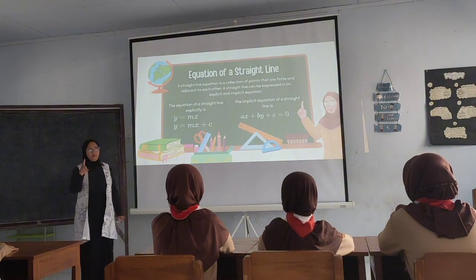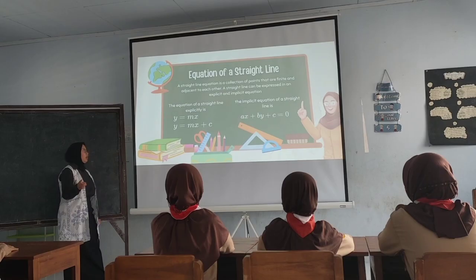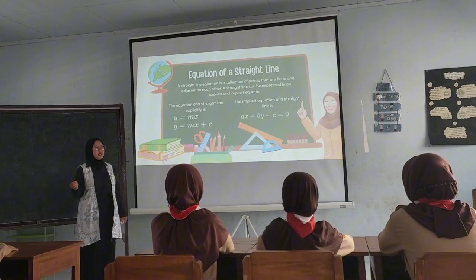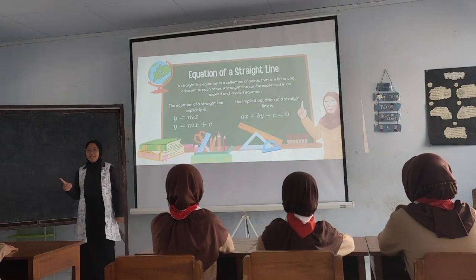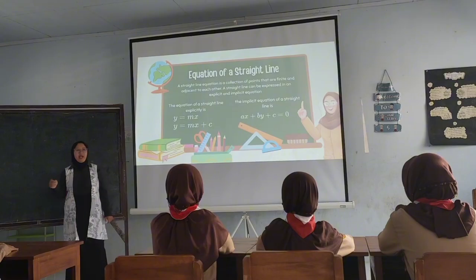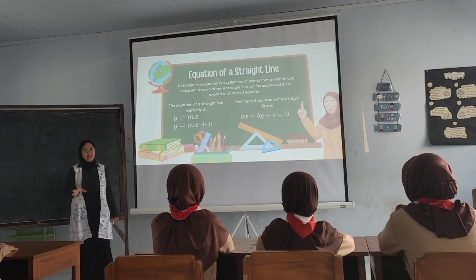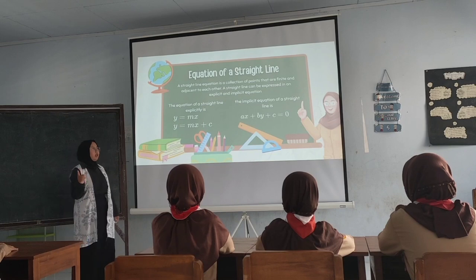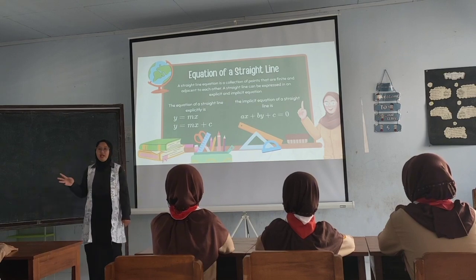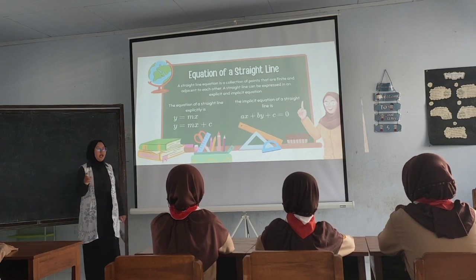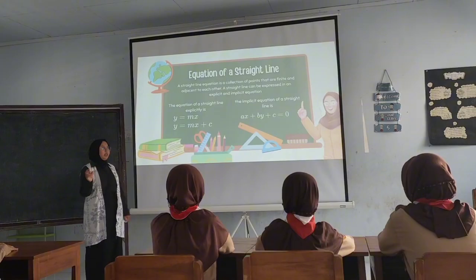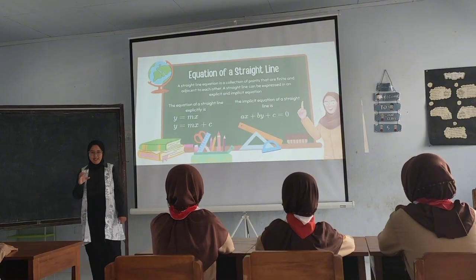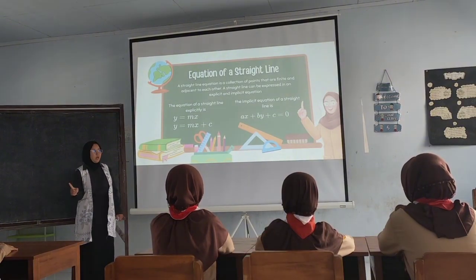The explicit equation of a straight line is y = mx + c. And the implicit equation of a straight line is ax + by + c = 0.